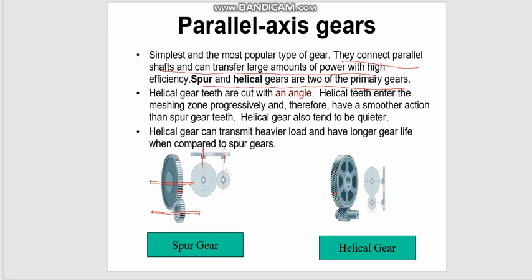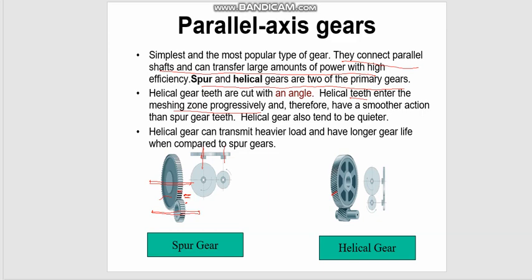If it's cut at an angle, such as a helical gear, it will enter the meshing zone progressively. When the spur gear rotates, the meshing between the driver and the driven gear will happen in a line, right? Because you have a straight cut, you have one line and you need to align it with another line.